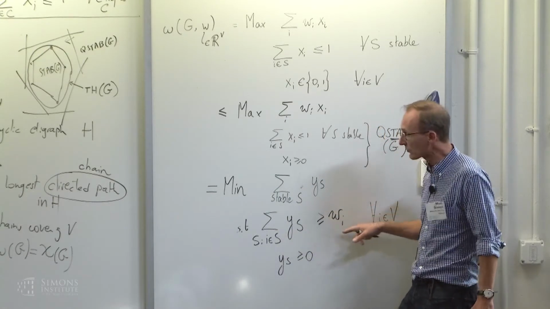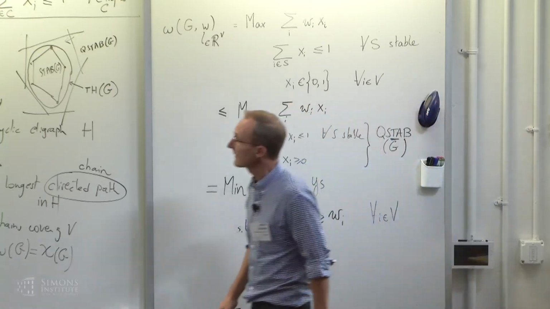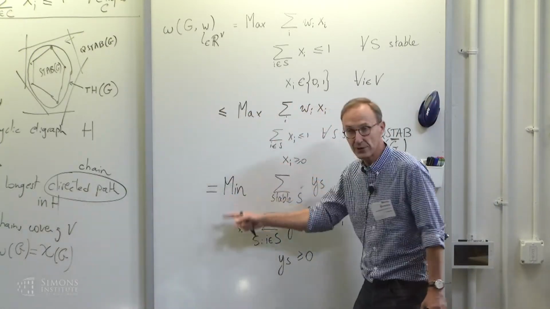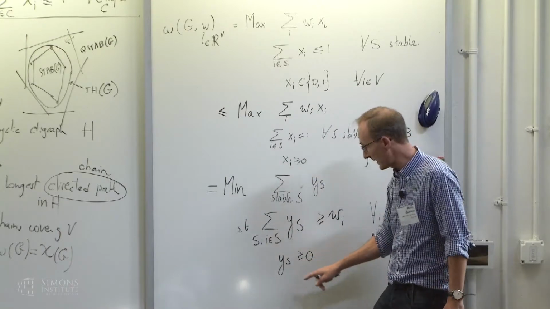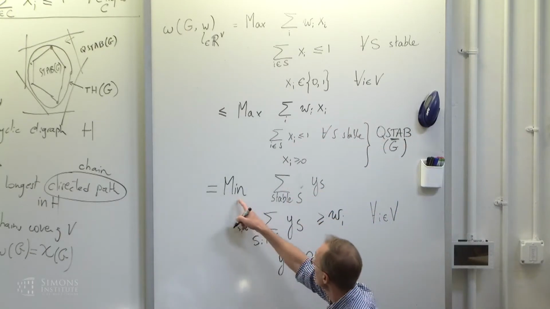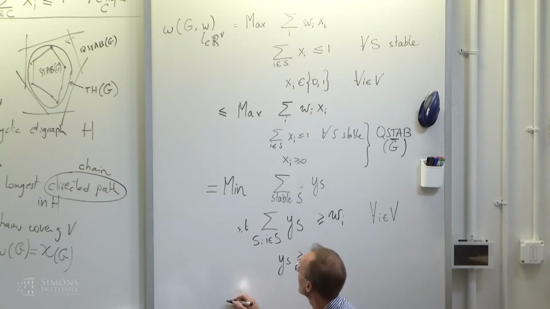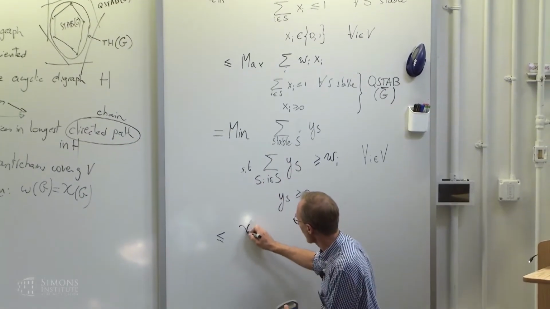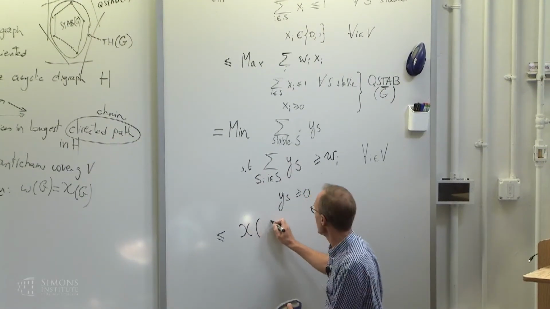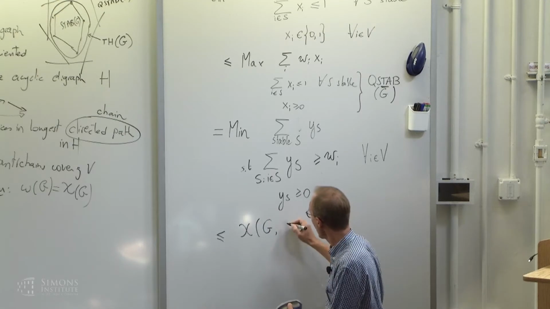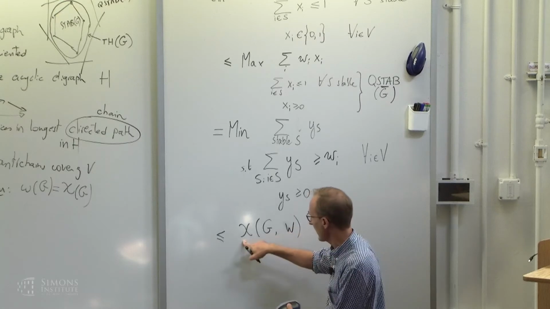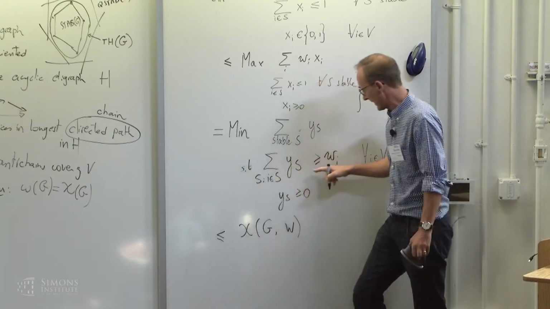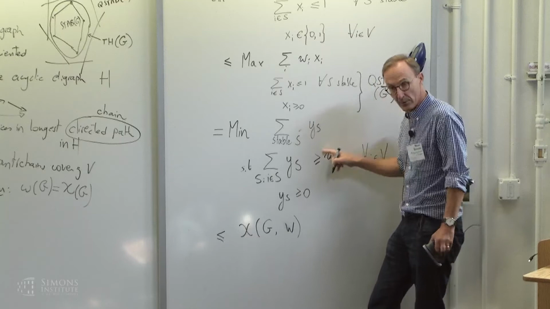So if the w's were 1, this would be the chromatic number once I put the integrality. So since I'm further restricting, when I put the integrality constraint, I get the chromatic number of G, but for a weighted chromatic number of G. So every vertex has to be covered wi times.